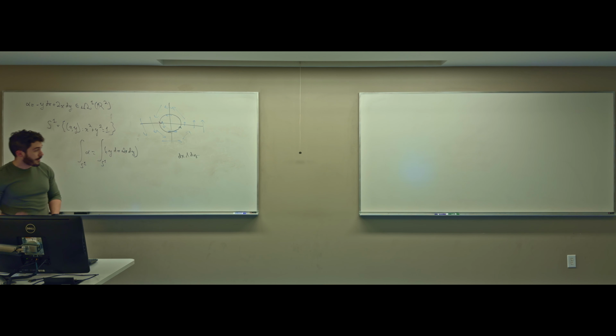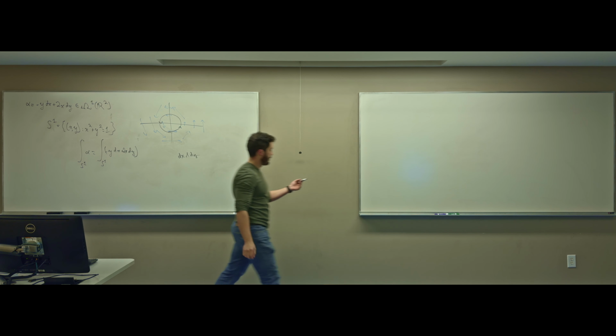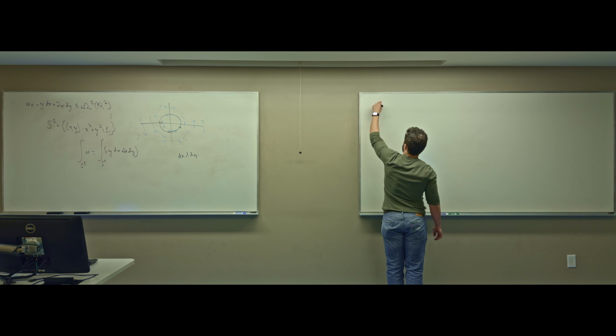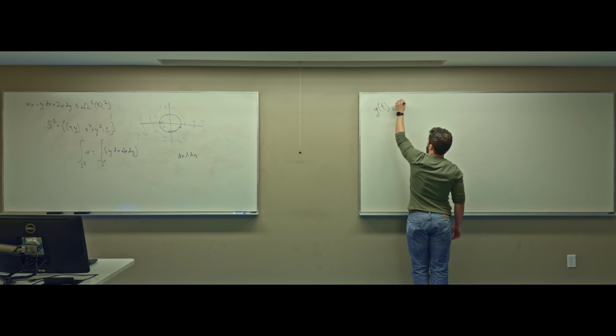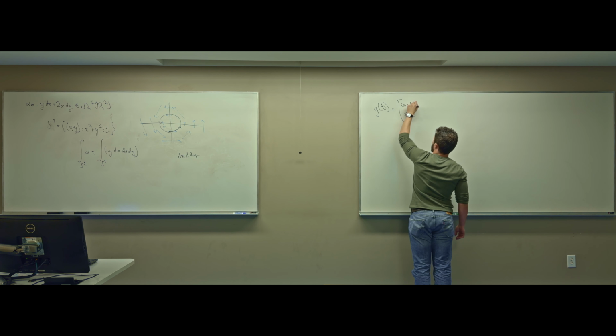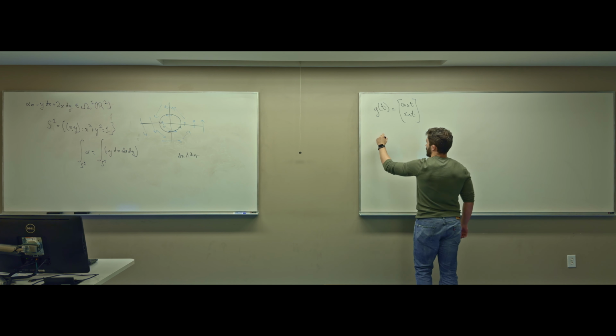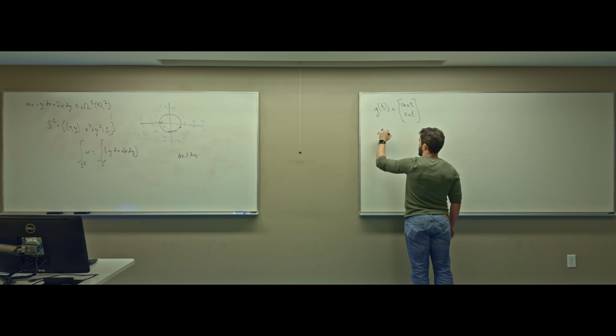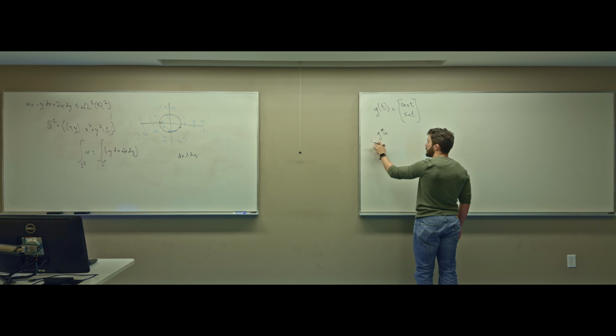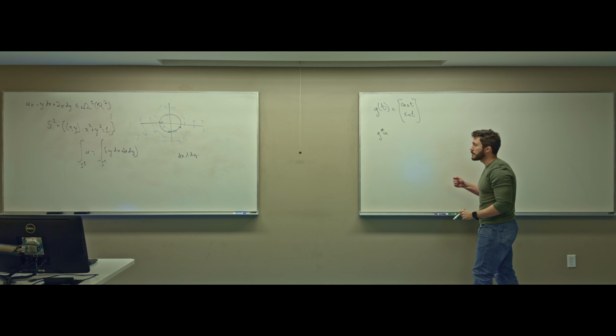Okay, so we have a parameterization of the circle, g(t), and it's defined this way: cosine t, sine t. Now I'd like to define something called the pullback of the differential form alpha by g. We write g star alpha.